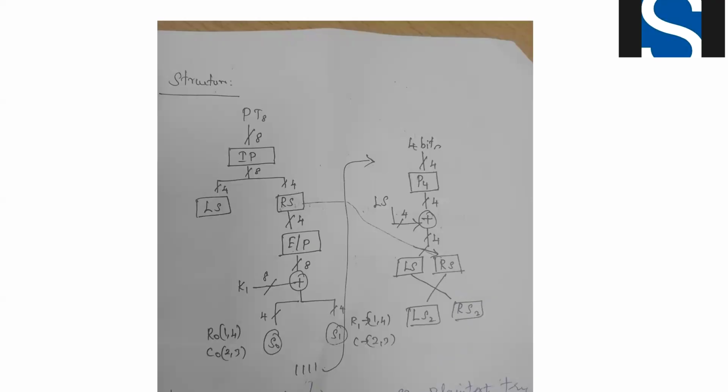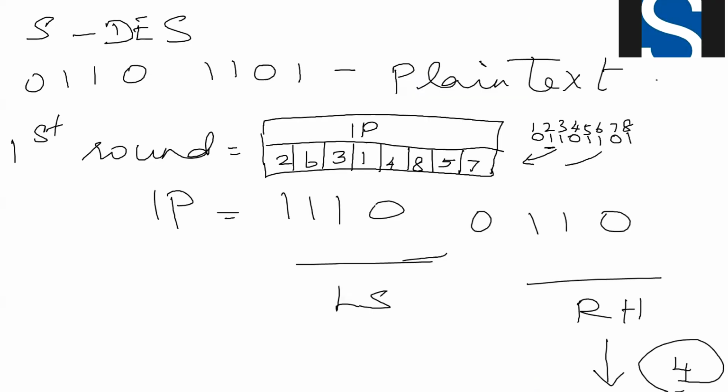Again we will be passing it via the P4 table. Again this LS bits that we are having here will be inputted here to get the output. And finally we have to pass it to the IP inverse table so that we get the ciphertext. So this is the workflow. Now let us get into the problem.